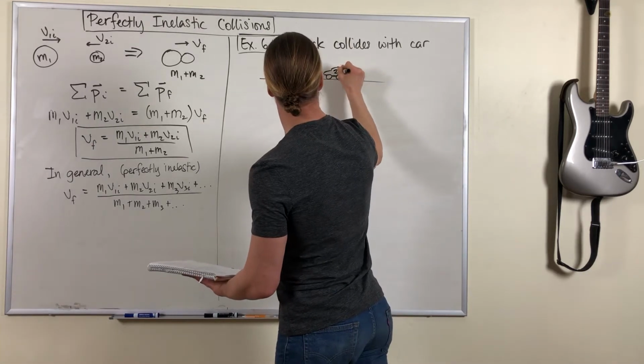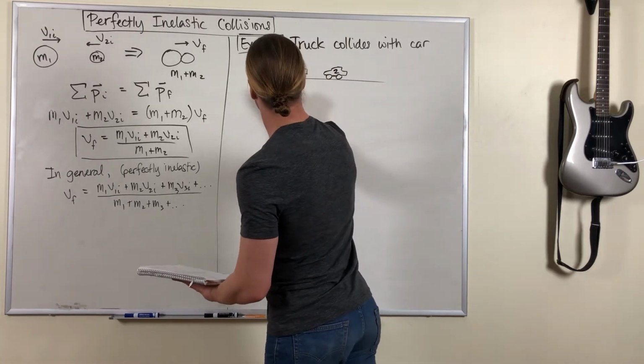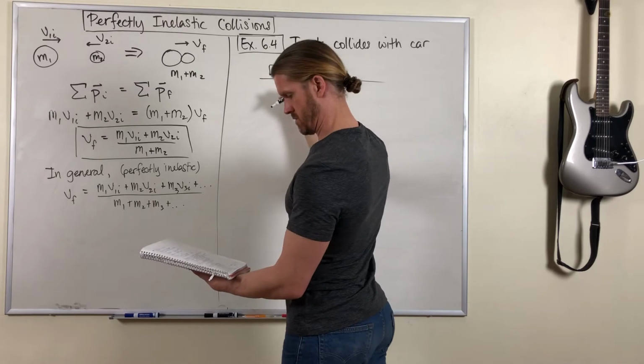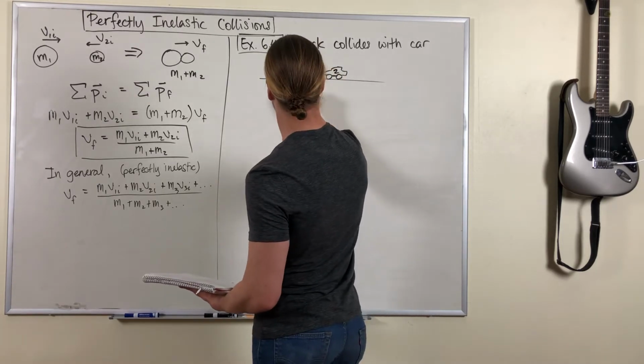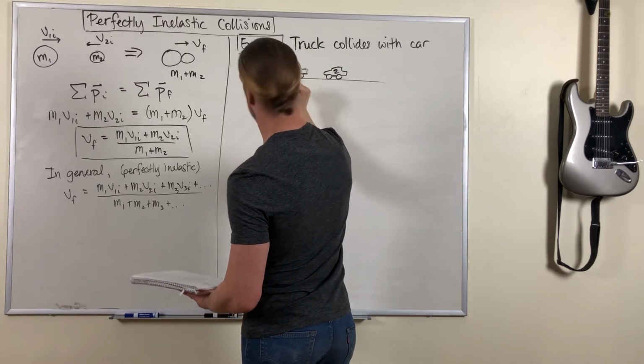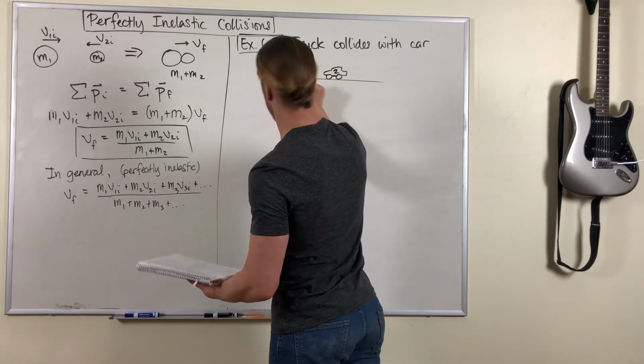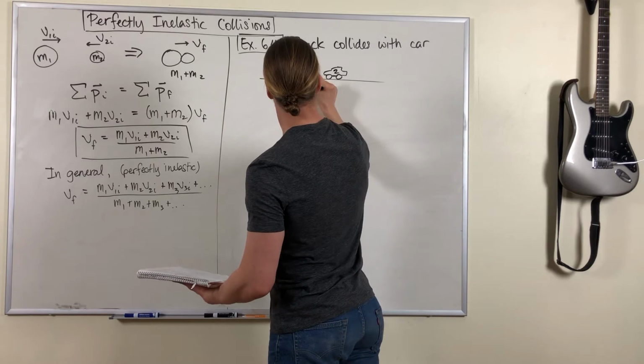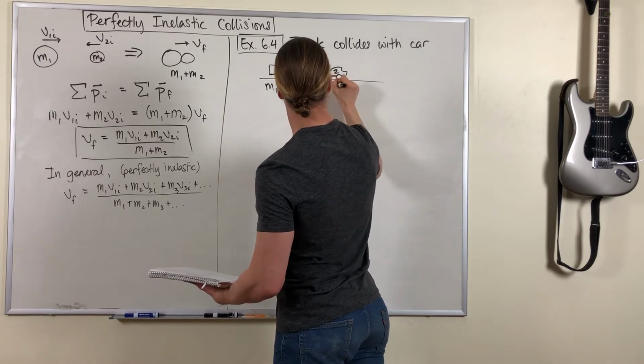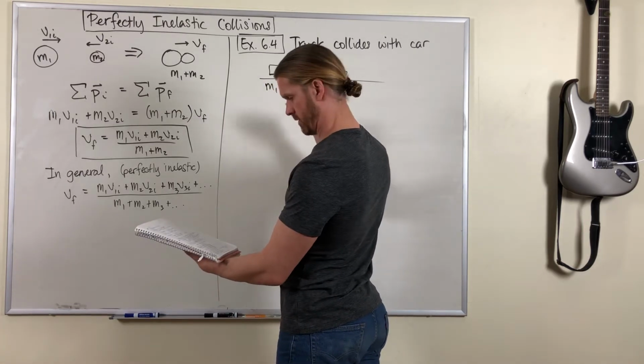That's object one, that's object two. Mass one of the truck is 1.8 times 10 to the 3 kilograms.